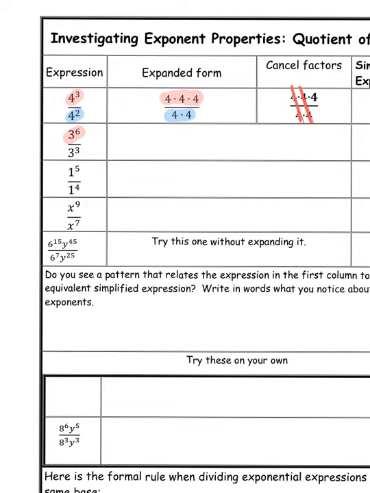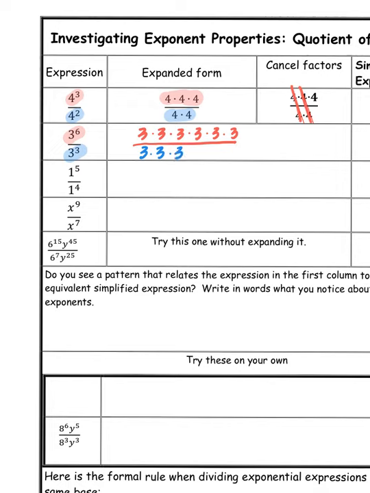In order to write that in expanded form, I'm going to write 3 times 3 times 3 times 3 times 3 times 3. And then I'm going to write that all over 3 to the third, 3 times 3 times 3.